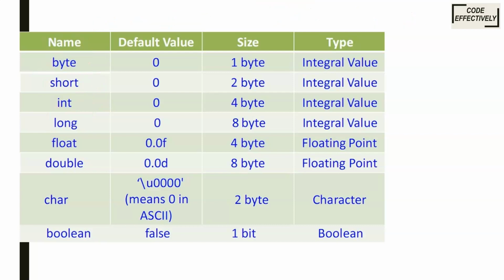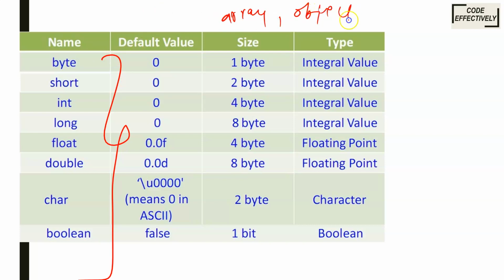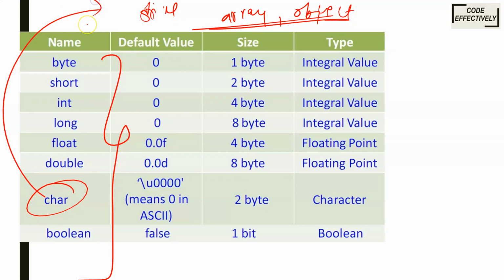This was all about primitive data types. These are the basic building blocks of data in Java. From these we derive arrays, objects and classes. We can make strings also, because a combination of chars gives us a string. So these are the pure data types in Java.